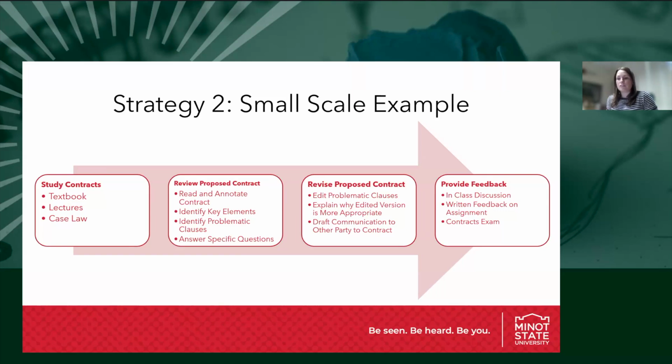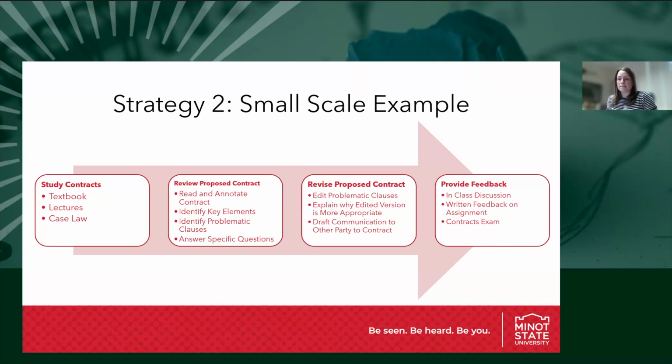I've done an employment agreement and things like that. So something that they might actually encounter in their futures. And I require students to read and then annotate that contract. They have to identify key elements of the contract, identify problematic clauses, and then I have a list of bullets of specific questions that they're required to answer about that contract.